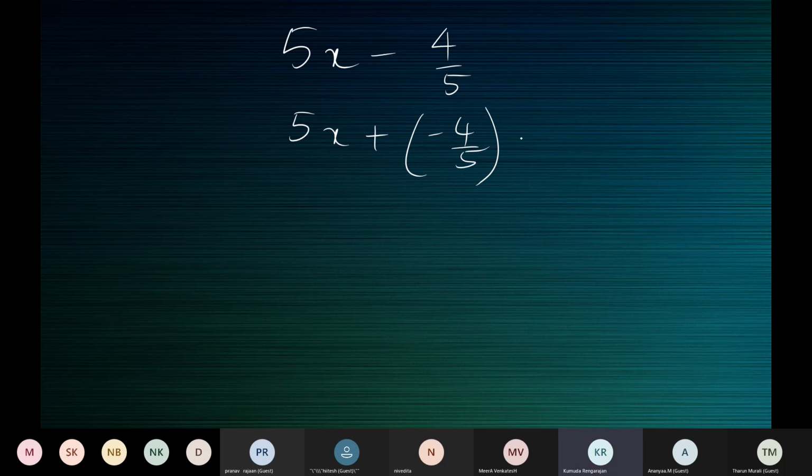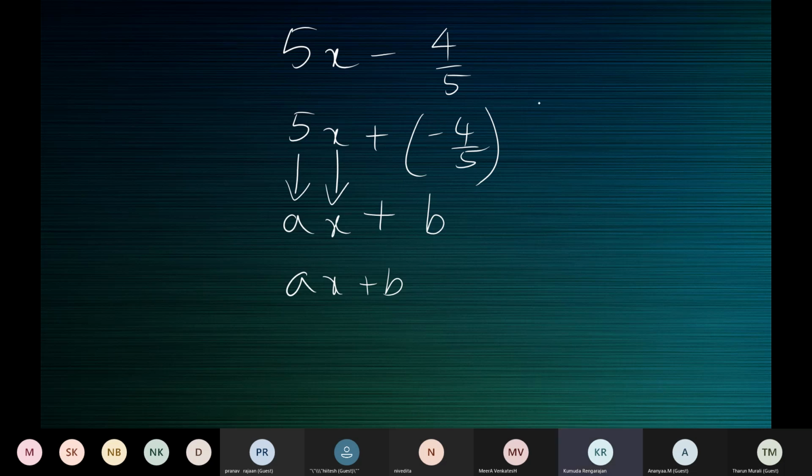It's a linear polynomial because the power of x is 1. Now we generalize this like this. x is the variable, write it as it is. 5 becomes a, then plus, and this one b. So ax plus b is the standard form of a linear polynomial in one variable x.